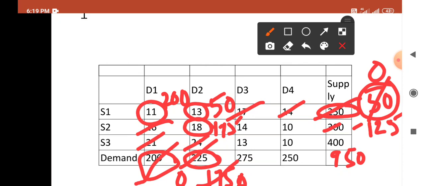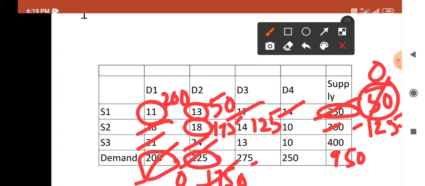We'll select the northwest corner, that is 14. In that cell 14, there is 125 in the row and the column demand is 275. So of 275 and 125, the minimum is 125. We allocate 125, and once we allocate 125, we deduct that much from the corresponding column demand and also the corresponding row supply.